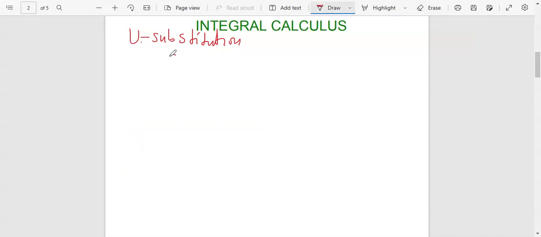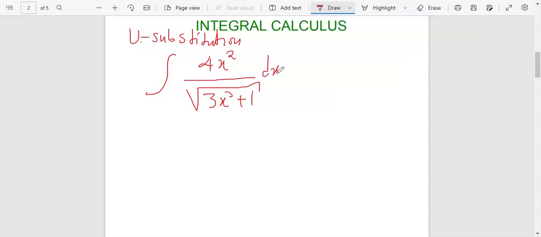Okay, so let's say we've been given the integral of 4x to the power 2 divided by the square root of 3x to the power 3 plus 1 dx.